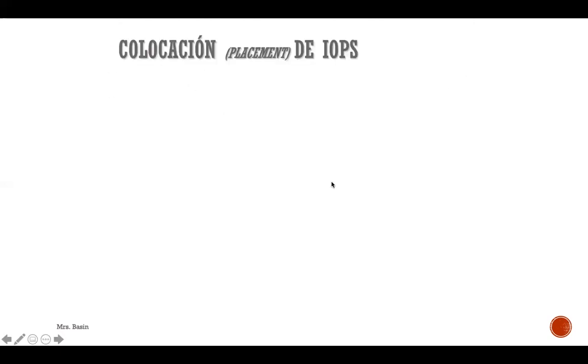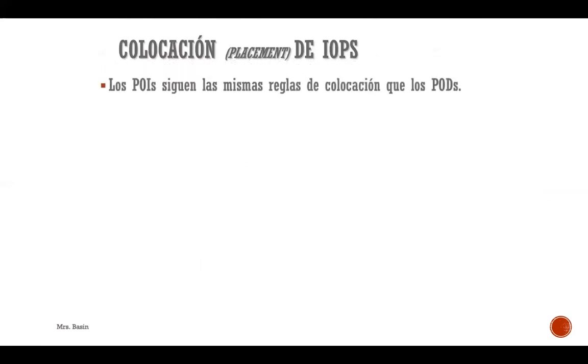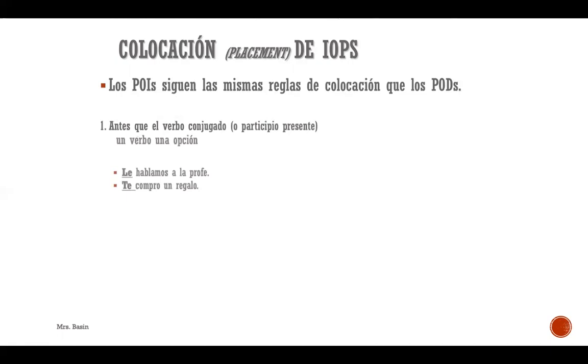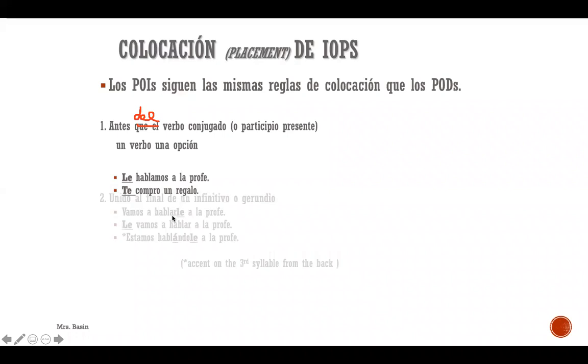Okay, now, where do I place the indirect object pronoun? Same story as the direct, okay? Same rules. Antes que el verbo conjugado, ¿sí? Entonces tengo un verbo, una opción, y los ejemplos, le hablamos, te compro, ¿verdad?